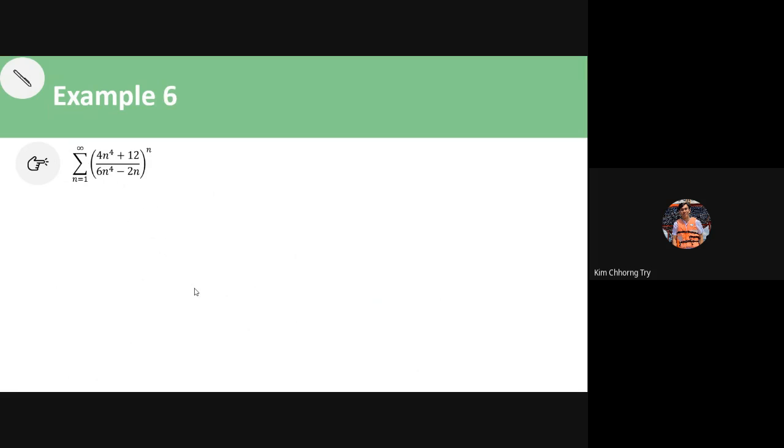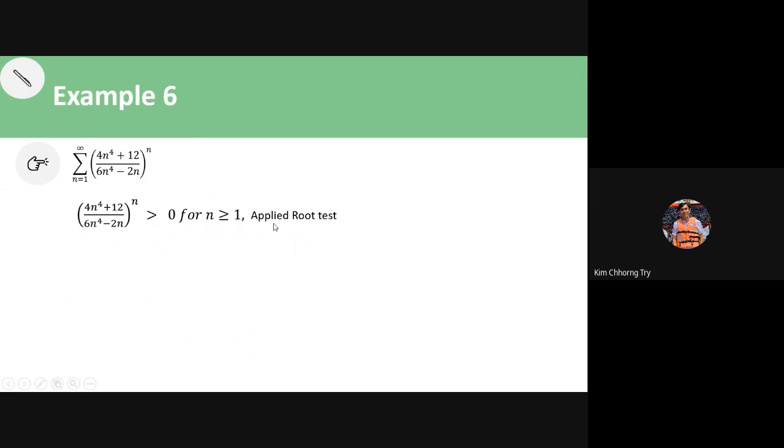The last example is the series sigma of this term. We let a sub n equal this term, and then we find its domain. For n greater than or equal to 1, a sub n is greater than 0, so we can apply the root test.